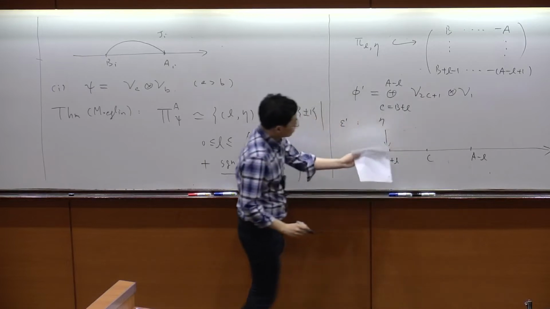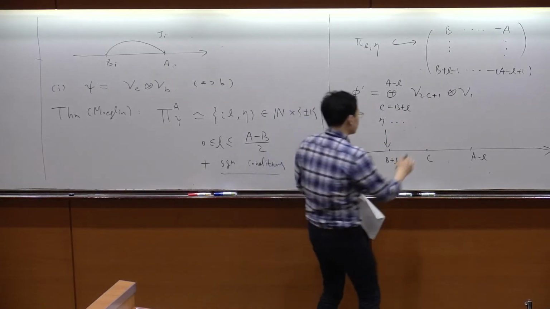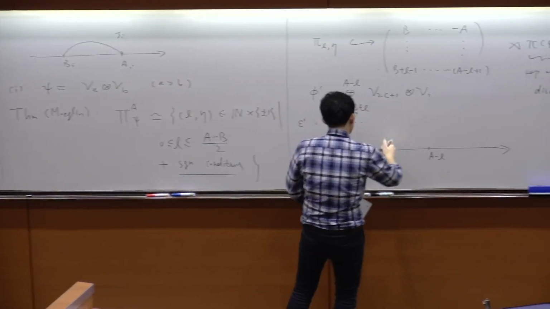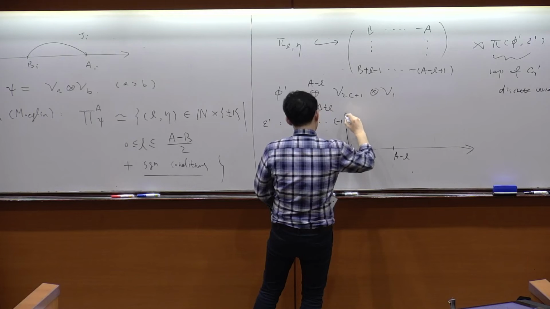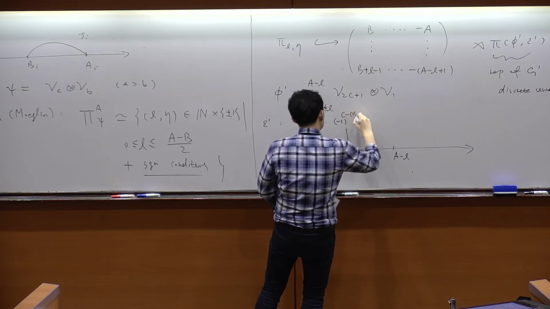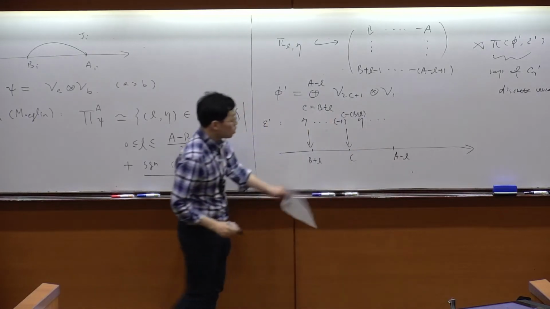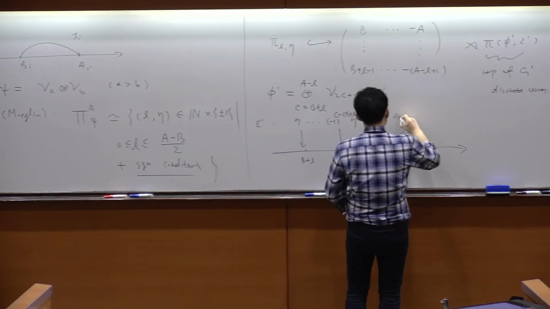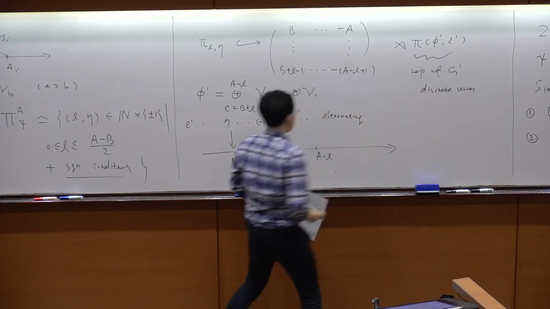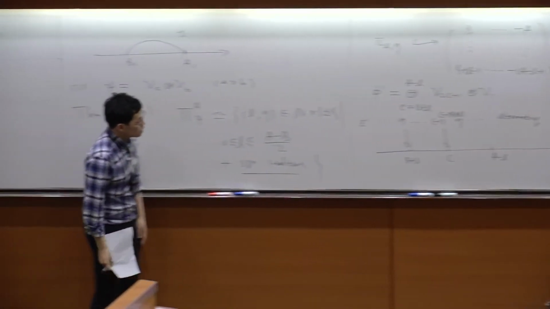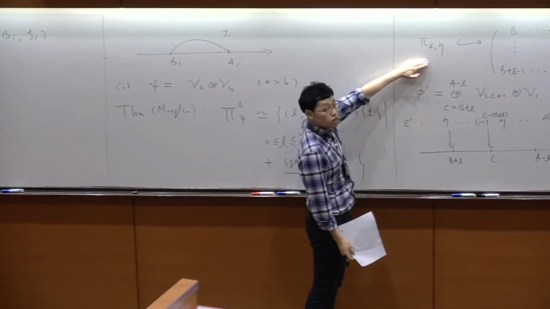And then you will just assign the sign alternately, so alternating. So at c, it will be (-1)^(c-b-L) eta. And you just keep going. So all these are alternating. And from all this information, actually, you can read out the L-parameter for these representations.